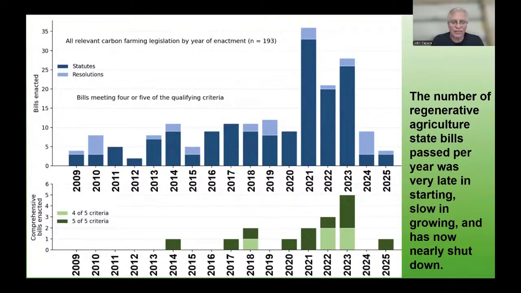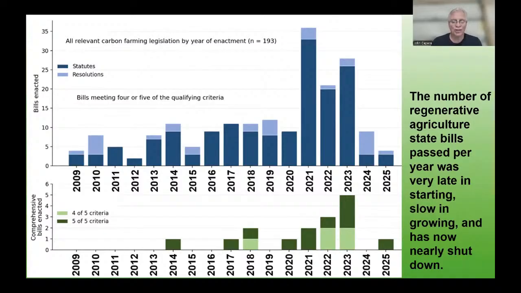When we look at the historical timeline of state level bills passed from 2009 through 2025, the trend line tells a deeply concerning story. The passage of regenerative agriculture state bills was very late in starting, slow in growing, and has now, unfortunately, nearly shut down entirely.